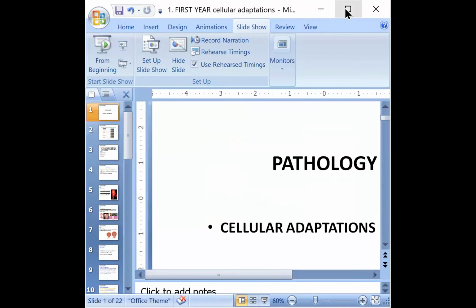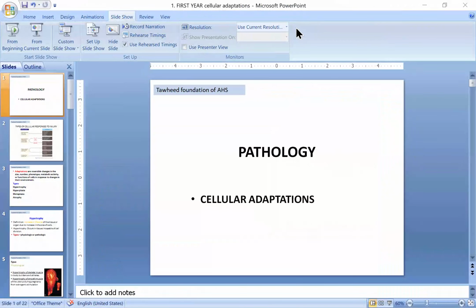Yeah, setup slideshow. So otherwise, take this slide down, madam. In the base also some option will be there. Below, one option is there, you just click on that.